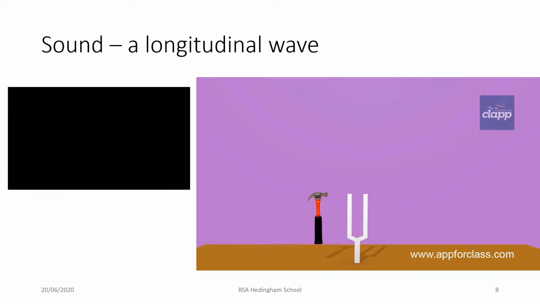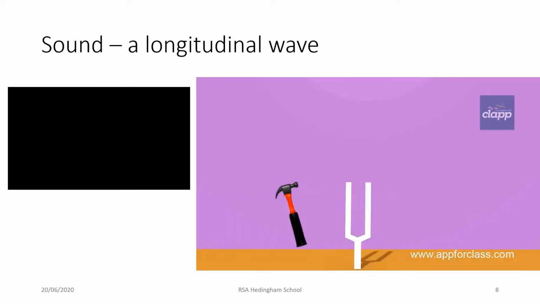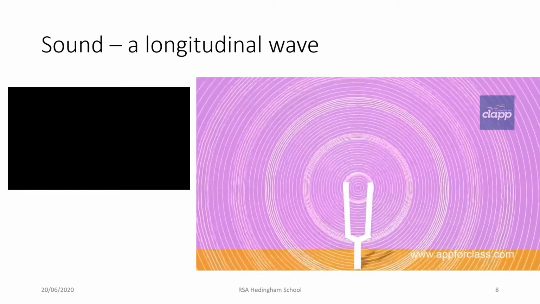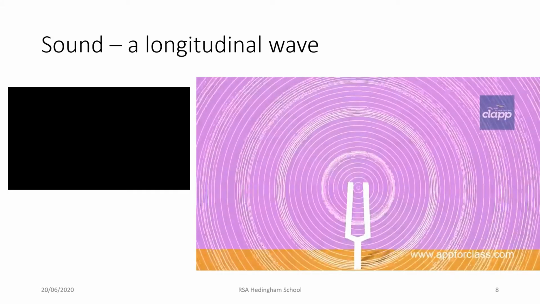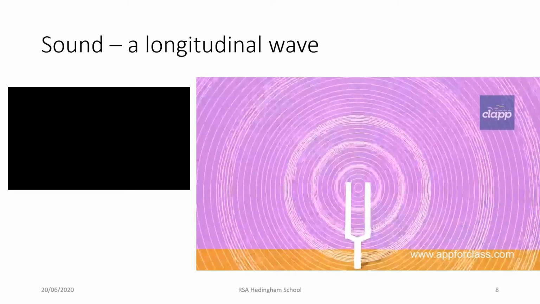There's a similar demonstration here with a tuning fork, which creates waves of sound, and the tines of the tuning fork are actually moving backwards and forwards. They're bumping into air particles. Those air particles move backwards and forwards, bumping into other air particles.